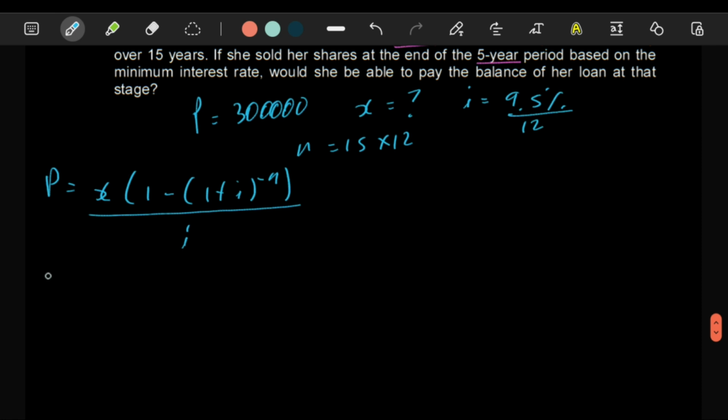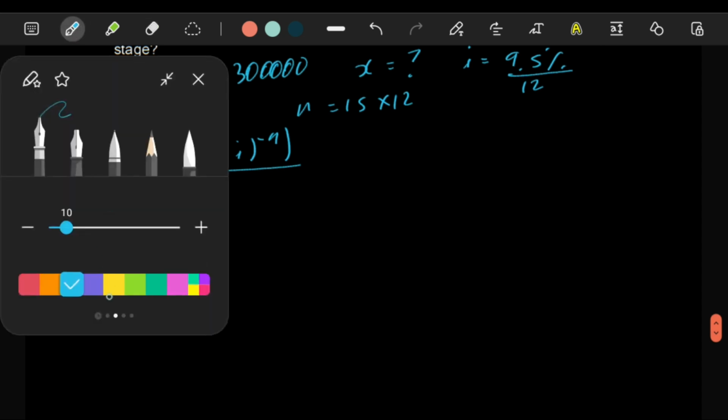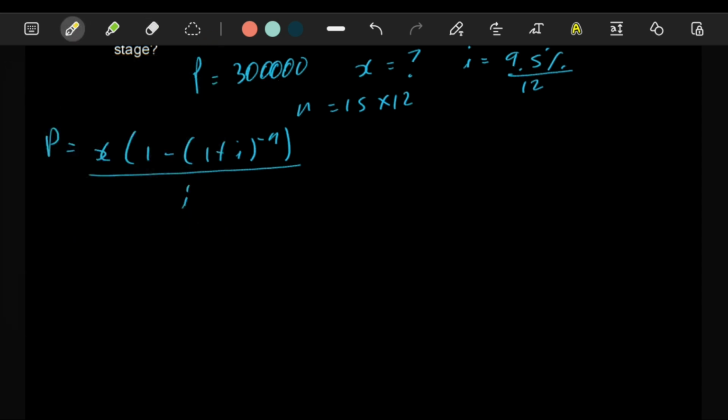Working out x, we're going to have P times i, the whole thing, with 1 minus... You may be asking, how did you do that? To solve for x, we need to isolate x. So you multiply by i on the left and on the right.